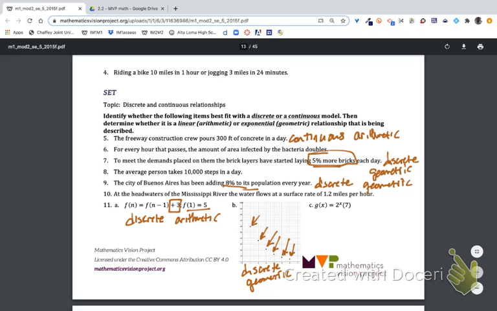For 11C, 2 to the x tells me everything I should need to know. I know that it's geometric. And because I can plug any number in there, we know that this is continuous.